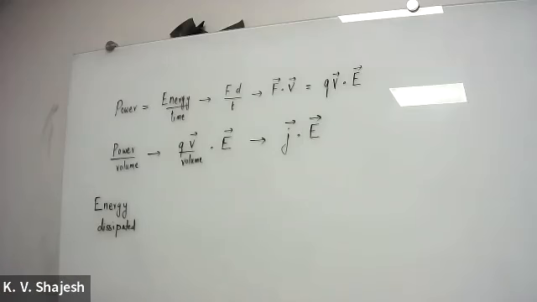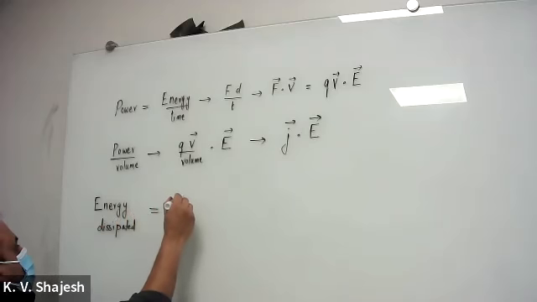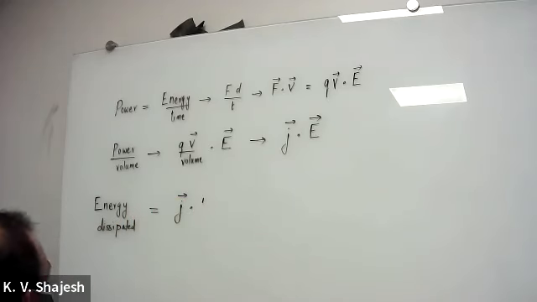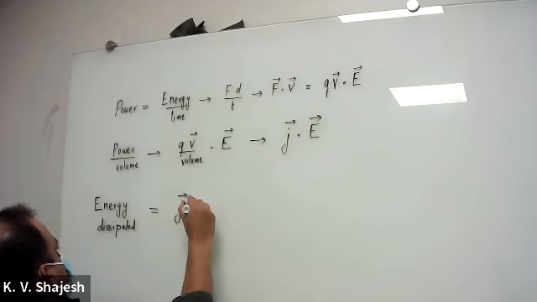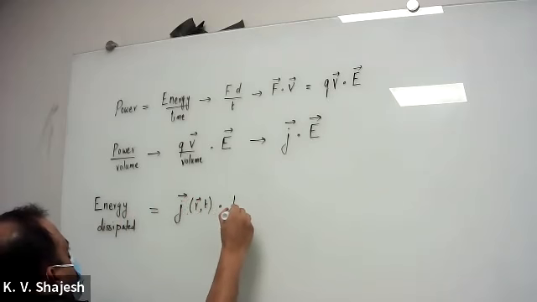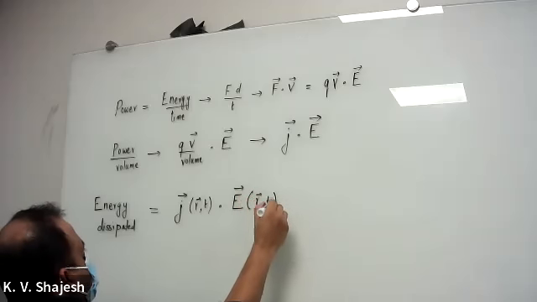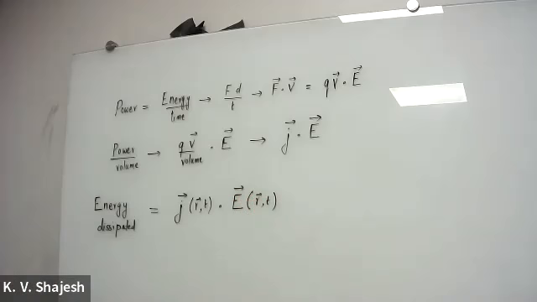That's decided by J dotted with E. Let me clarify that it's a position dependent quantity. So that's J(r,t) dotted with the electric field E(r,t).